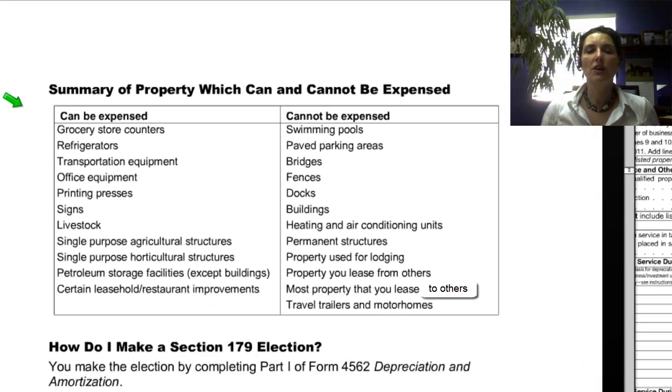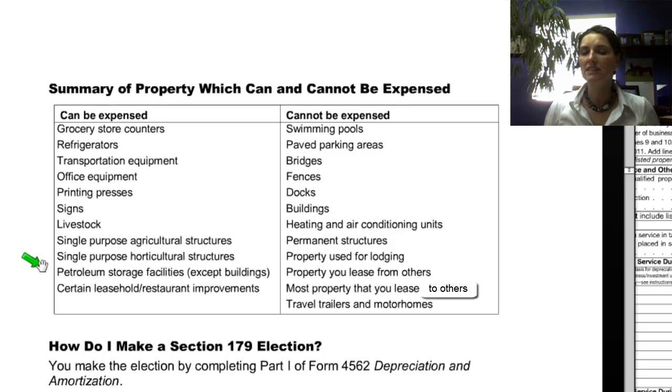So here is a summary of property which can and cannot be expensed. Examples of what can be expensed include grocery store counters, refrigerators, transportation equipment, office equipment, printing presses, signs, livestock, single-purpose agricultural structures, single-purpose horticultural structures, petroleum storage facilities, except buildings, and certain leasehold restaurant improvements.